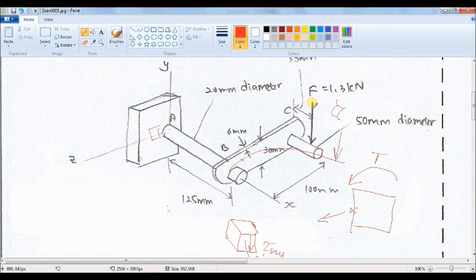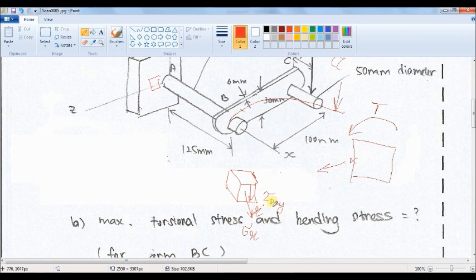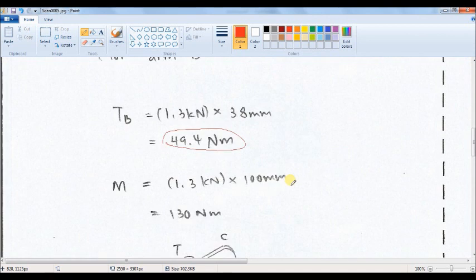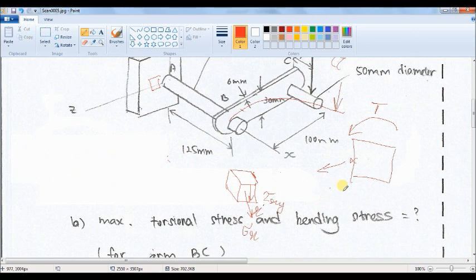Also, due to the bending load F, or normally we call that V, because the bending load is in the y direction, the shear stress due to the bending will also be tau xy. So at this location, these two shear stresses, which are both tau xy, one by bending and another tau xy by torsion, are both in the same direction.